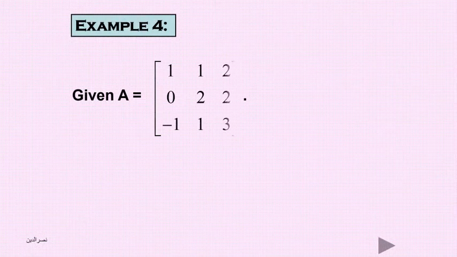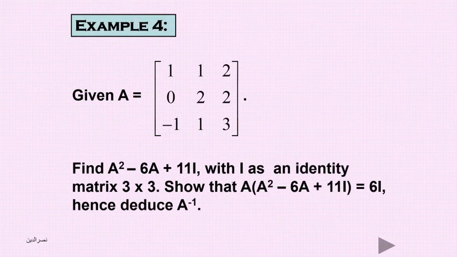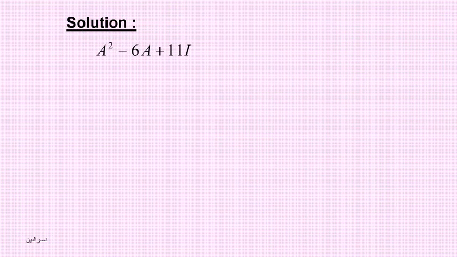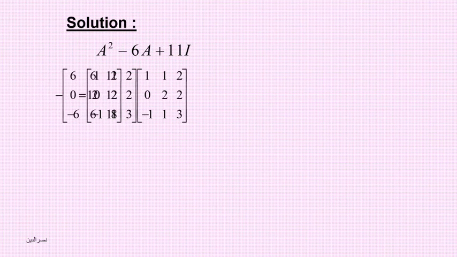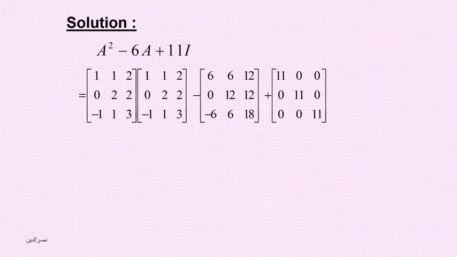Example 4. So this kind of matrix and statement, this one also uses properties. This is the solution: A square minus 6A plus 11I. Now substituting with the matrix, A square is A times A, minus 6A plus 11I.